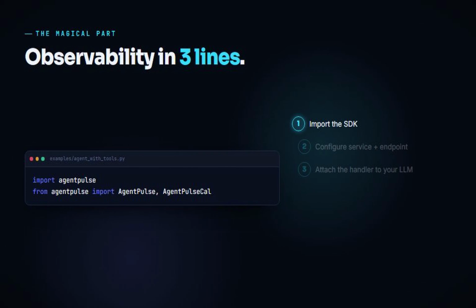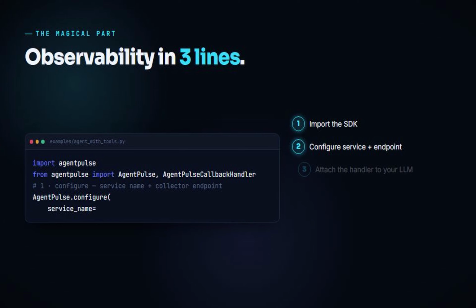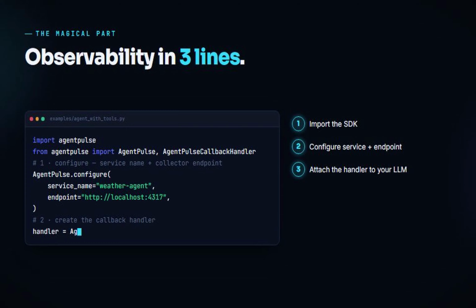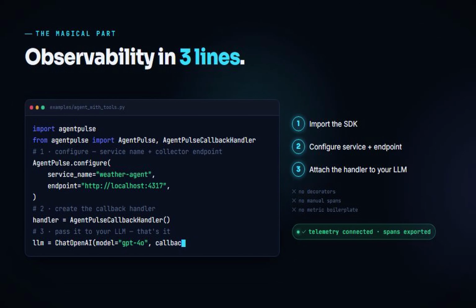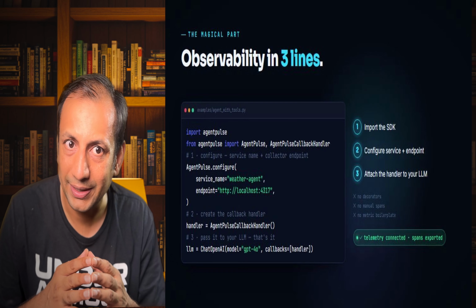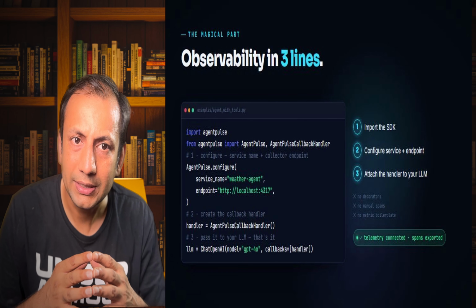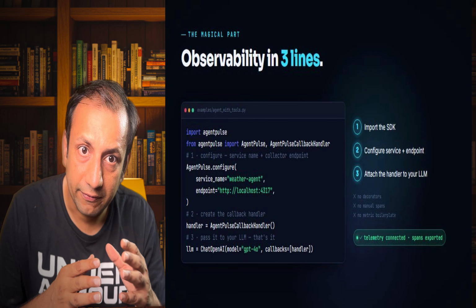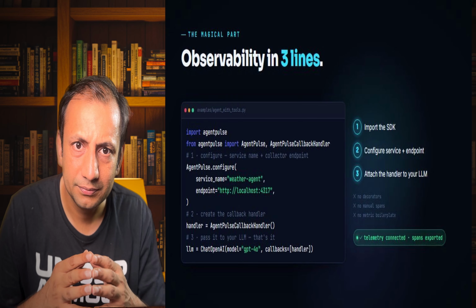Now let's understand the code. So here we have the agent with tools Python file. Here's the magic part. Adding observability to your agent is just 3 lines. In the first line, we import the SDK. So here we are importing AgentPulse and AgentPulse callback handler. In line 2, we configure it: the service name, the collector endpoint. That's it.